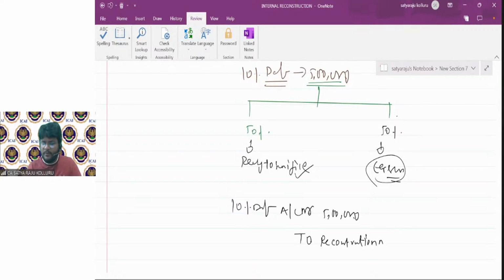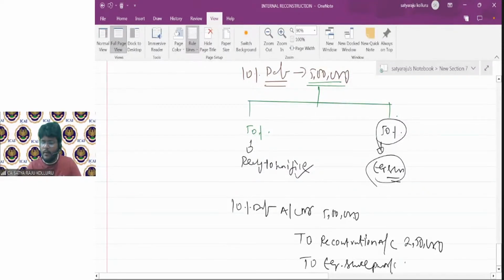Credit the reconstruction account because it is a profit. 50% means 2,50,000. For the remaining 50%, they are expecting the equity shares. You can credit the equity share capital, which is 2,50,000. So the entry, 10% debentures account to reconstruction account to equity share capital account, is the journal entry. Is it okay, guys?